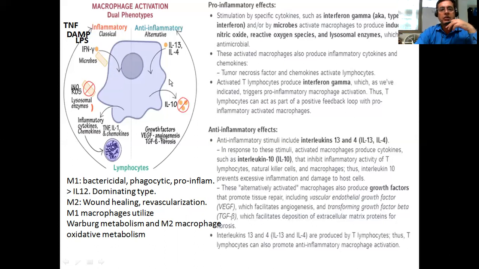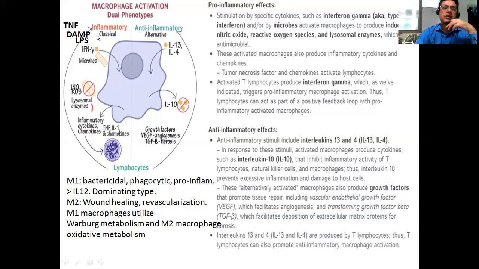Some would be desired post-infection, like the alternative pathway. If the infection has resolved, then this kind of activation, the anti-inflammatory, would be desired in order to make up for the damage which was done due to some infection or some injury or chemical injury or physical injury.